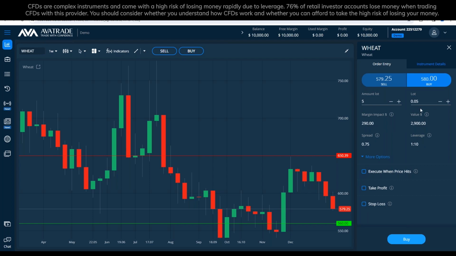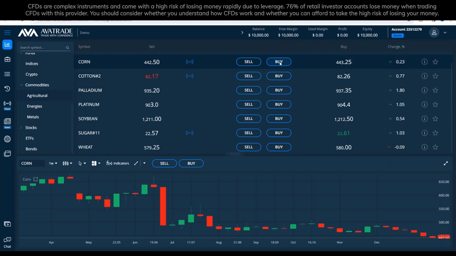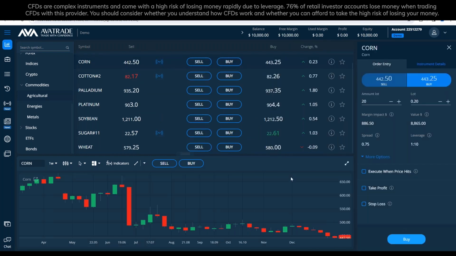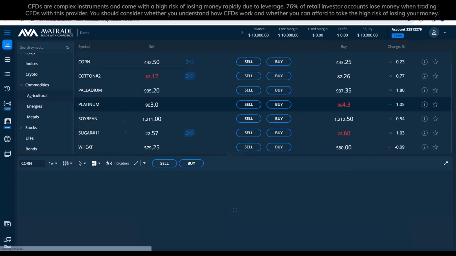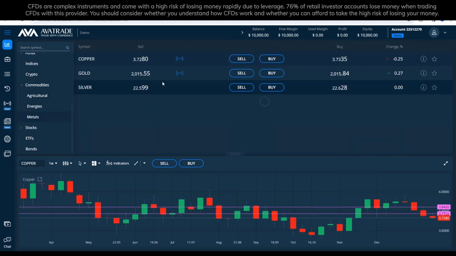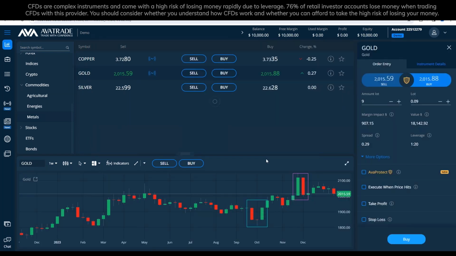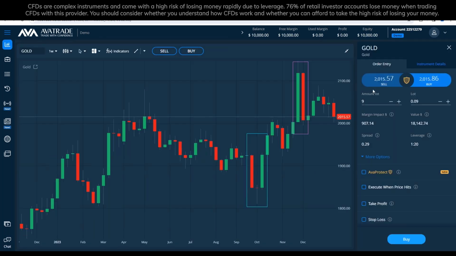No. This leverage is 1 to 10 and makes things very easy for us. I want to pick something a little different. That's more like it. So let's take gold, and let's go with 5 ounces.